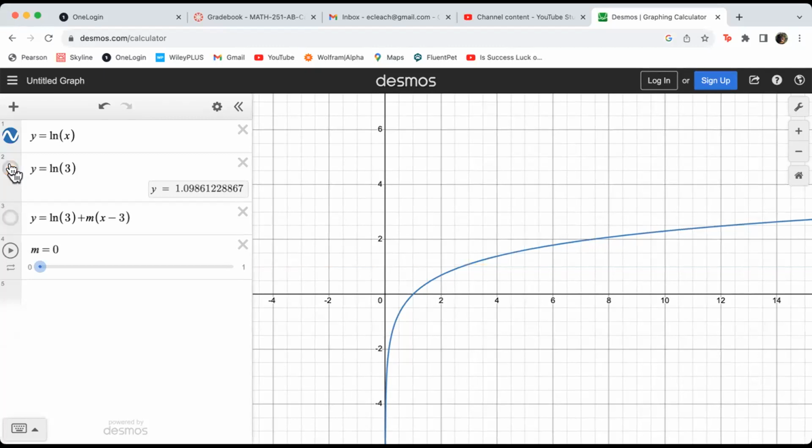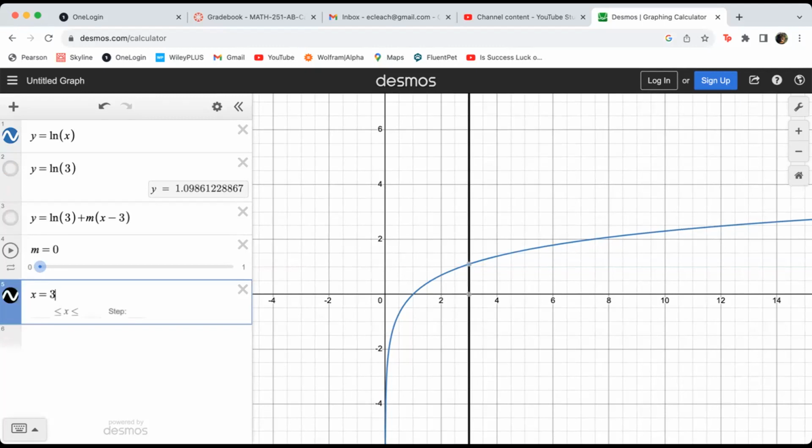Here's the graph of natural log of x. We're interested at the point where x is equal to 3. That's here. We're interested in what's going on at this point at 3, natural log of 3. And we're going to try to make a tangent line at that point.